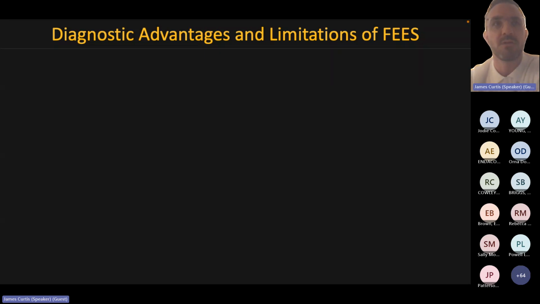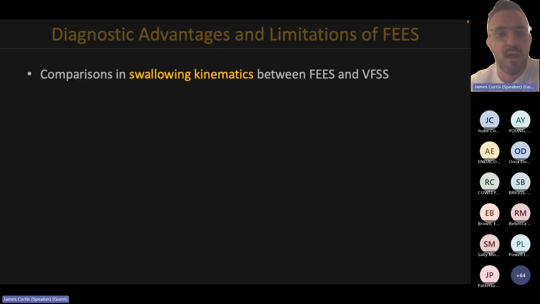We can look at two different groups of literature. The first group looks more at swallowing physiology, specifically kinematics, because neither FEES nor fluoro look at pressures. So we can look at some of the research that's compared swallowing kinematics as seen on FEES and fluoro.